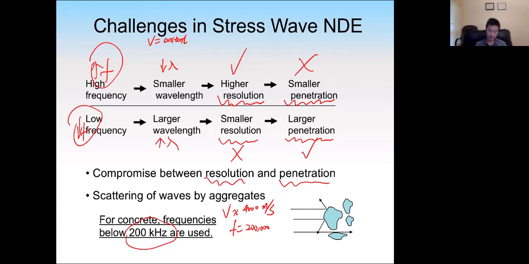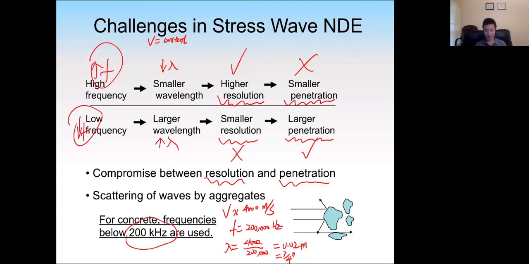Okay, and from there we can calculate the wavelength. The wavelength is around 4,000 meters per second divided by 200,000 hertz. Okay, which is around 0.02 meter.